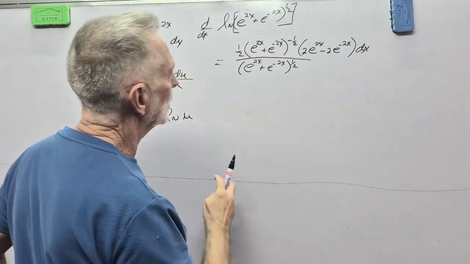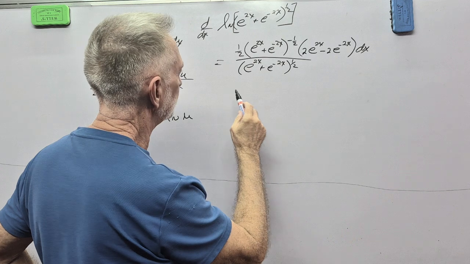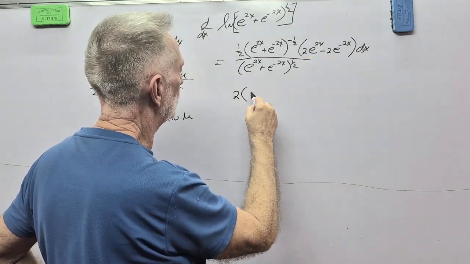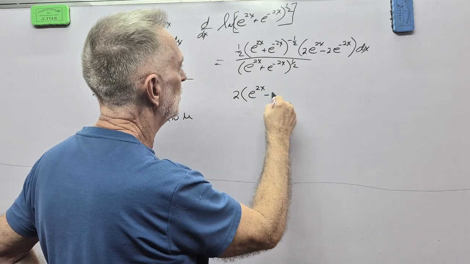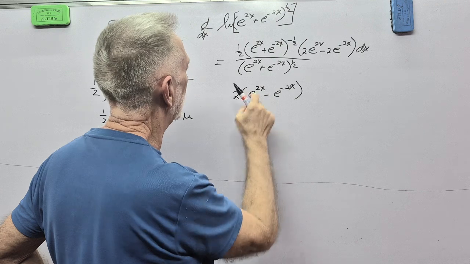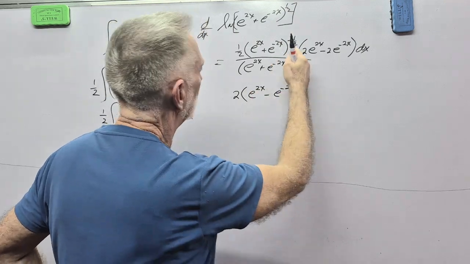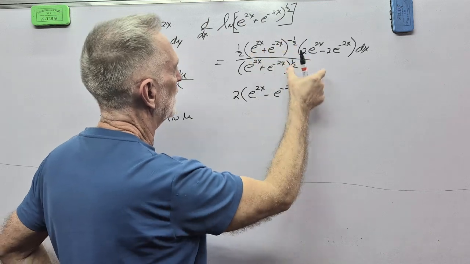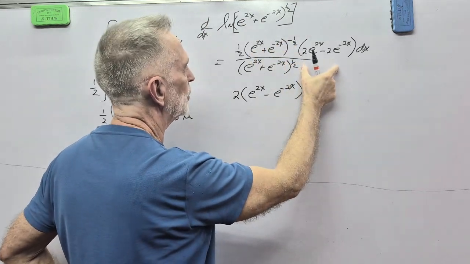All right, let's reduce a few things here. First, let me just factor the 2 out of that: 2 times e to the 2x minus e to the minus 2x. Now, since this is to the 1/2 power, I'm going to bring it down to the denominator.